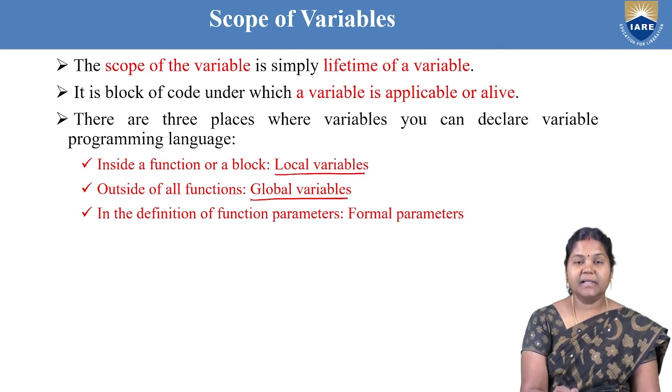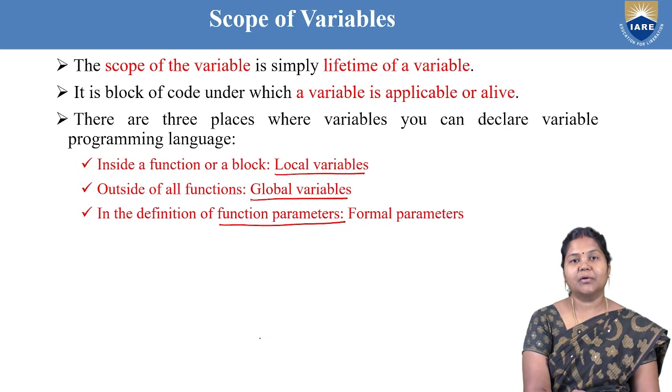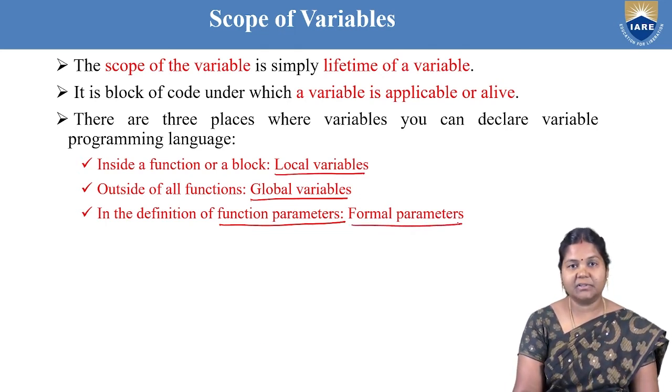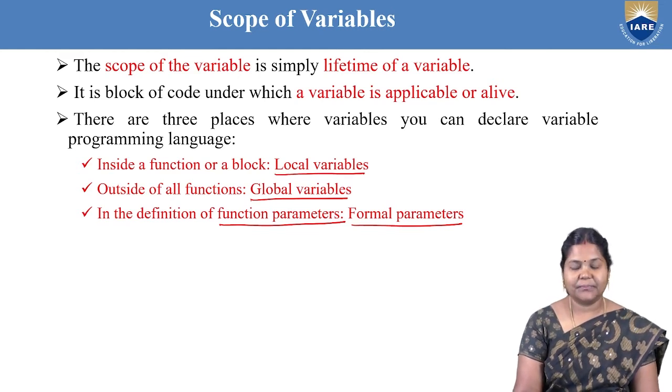Then, if you declare a variable as part of function parameters or arguments, then these are also local variables to that function, also known as formal parameters. So, these are the different places where you can declare variables: as a local variable, as a global variable, and as formal parameters in the parameter section of functions.